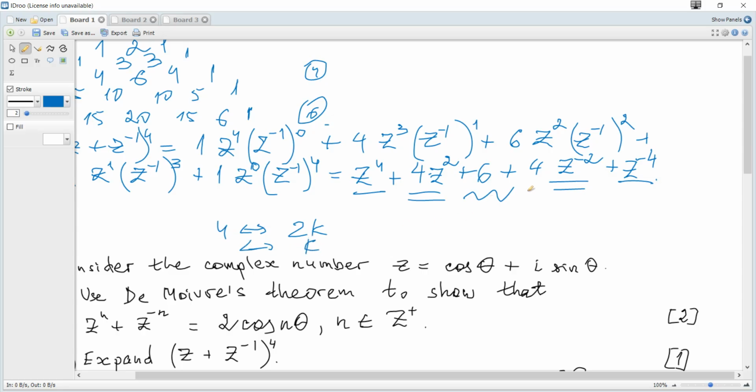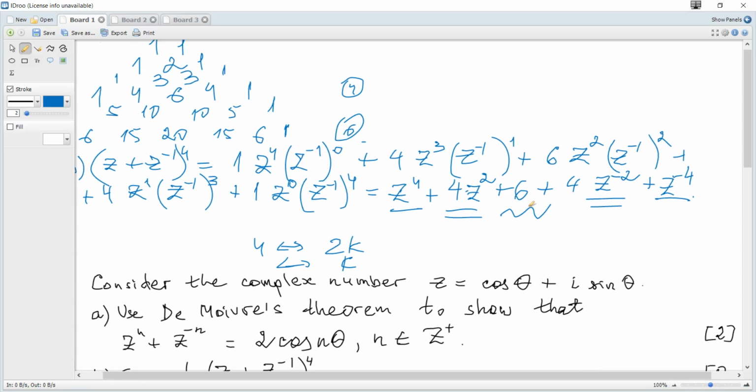There is a constant term. And what is the constant term in terms of combinations? It's the combination 2 out of 4, and in general it becomes k out of 2k.